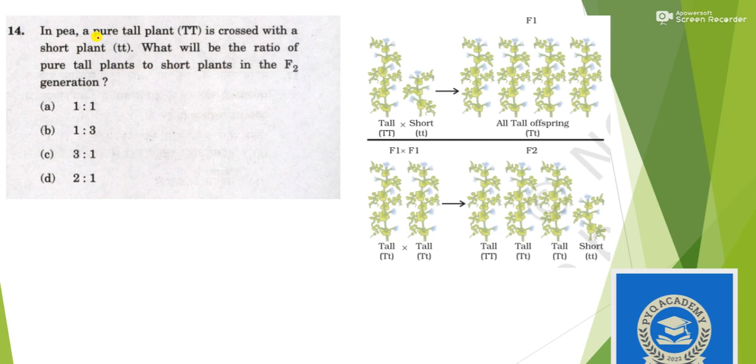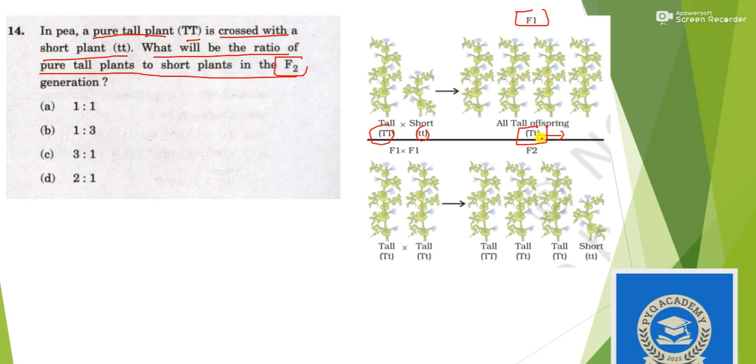In P, a pure tall plant TT is crossed with a short plant tt. What will be the ratio of pure tall plants to short plants in F2 generation? It is asking about F2 generation. Okay, so here you can see that in F1 generation, a pure tall plant and a pure short plant were crossed. So the result was all tall plants, but they were not pure tall.